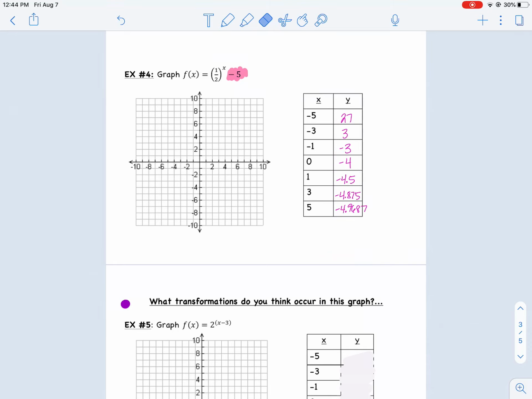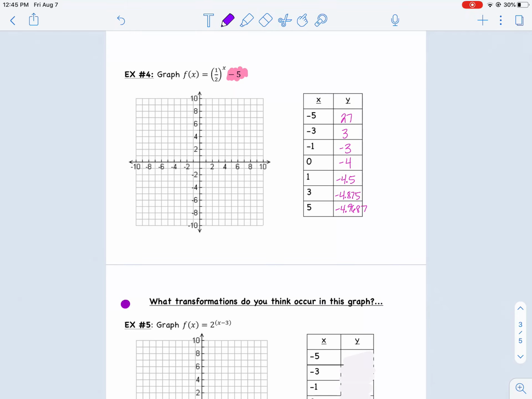All right, when I plugged in a negative 5 to my x, and then I subtracted 5, I ended up getting 27. When I plugged in a negative 3 to my x, and I had 1/2 to the negative 3 power, and then I subtracted 5, I got 3. I got negative 3, negative 4, negative 4.5, negative 4.875, and negative 4.9687 for the rest of my values.